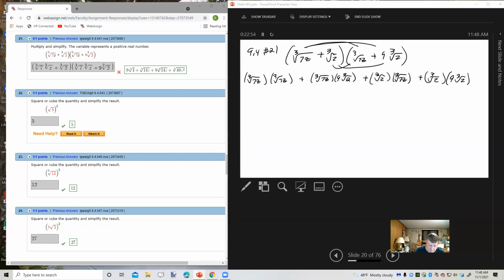Well, the first product, there's no cubes there, so we're just going to get the cube root of 49z squared. Same thing here, next one, plus the cube root of 14z, plus the cube root of 14z.